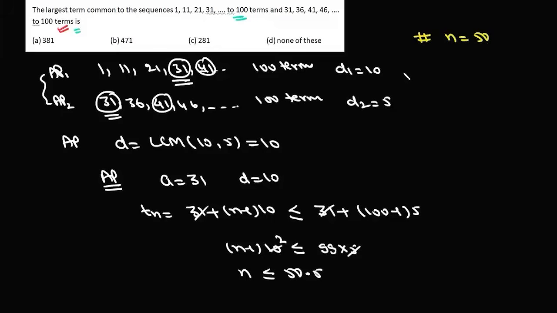So the largest term which is common to both the series will be 31 plus 50 minus 1 into D. So this is 31 plus 490, which is 521, and that's your option D.